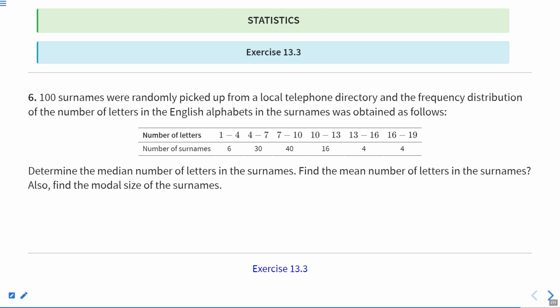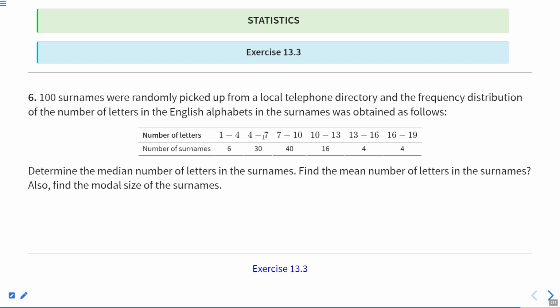So in question number 6, here we have 100 surnames randomly picked up from a local telephone directory, and the frequency distribution of the number of letters in the English alphabets in the surnames was obtained as follows. For number of letters 1 to 4, the number of surnames is 6.